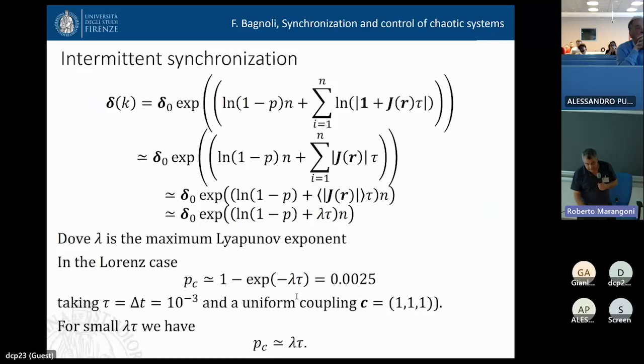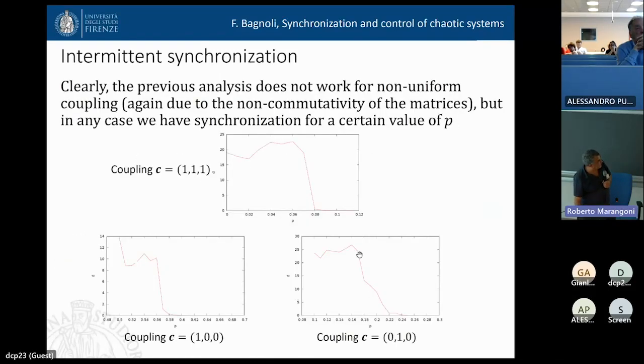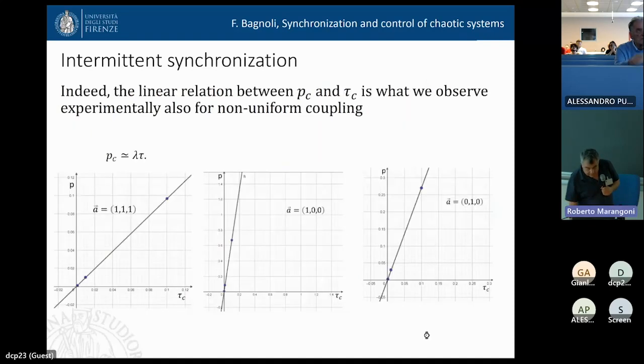This works clearly if the time is small enough, so that the distance at a certain point drops to 0, depending on the direction also. And we can scale and get a nice relationship, essentially replacing the Lyapunov exponent with the Lyapunov exponent multiplied by the interval.